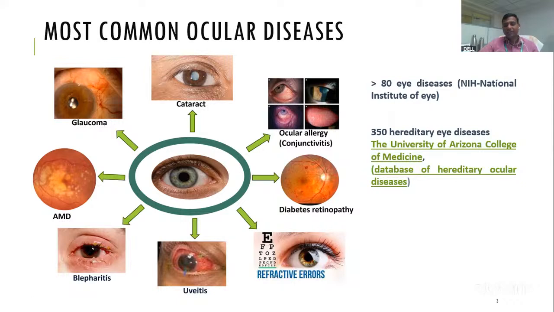More than 80 broad categories of eye diseases are declared by the National Eye Institute, and across different databases there are 350 hereditary eye diseases. There are many anterior segment diseases and posterior segment diseases, and together they cover more than 80% of ocular diseases.